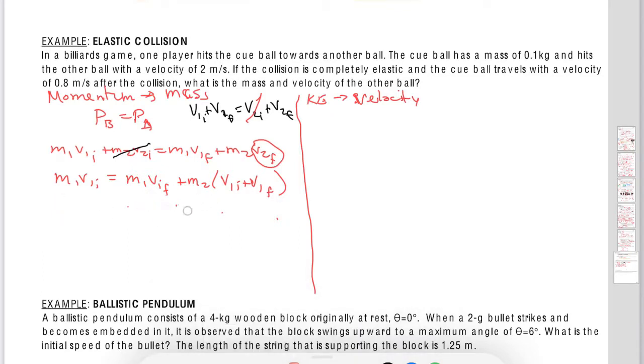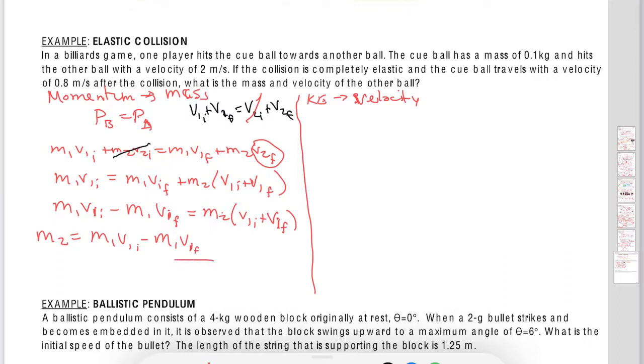I'm going to subtract over, so M1 V1 initial minus M1 V1 final equals M2 times V1 initial plus V1 final. And so that just becomes M2 equals M1 V1 initial minus M1 V1 final over V1 initial plus V1 final.